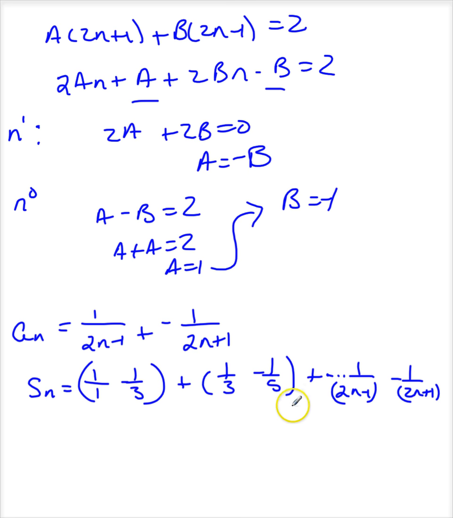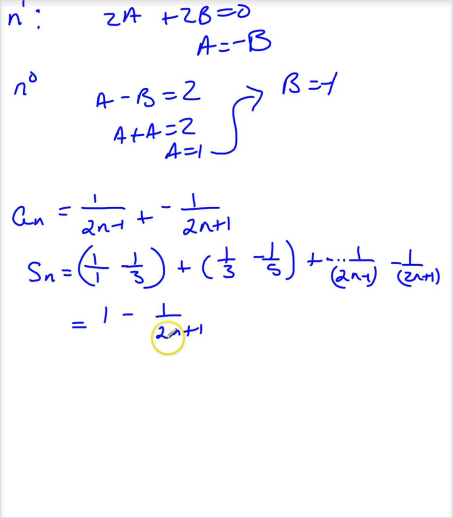All right, so this becomes, see these in the middle are going to cancel, 1 minus 1 over 2n plus 1. So my series looks like it's going to converge. Let me look at the limit as n approaches infinity of s of n, and that's 1.